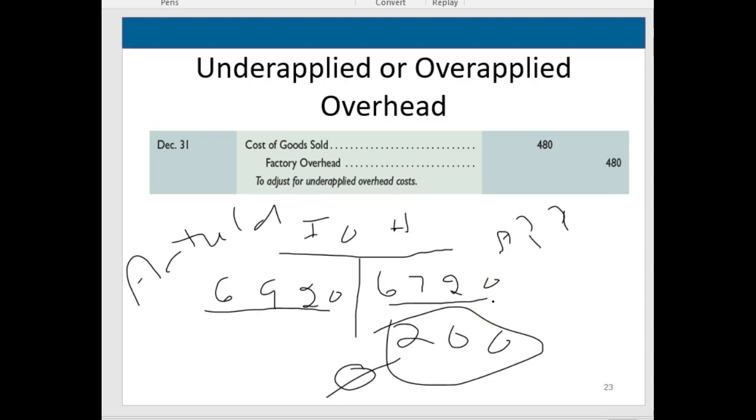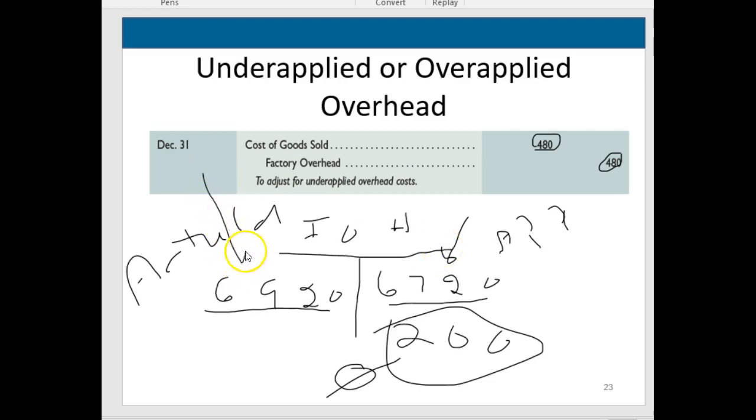So I need to increase that, right? I need to make that so it balances out. So I'm going to have to do an entry that credits the factory overhead for $200, which will make that 0. And then we're also going to debit the cost of goods sold, and that increases the cost of goods sold. So let's look at what really happened here. We only applied this amount of cost, $67.20.